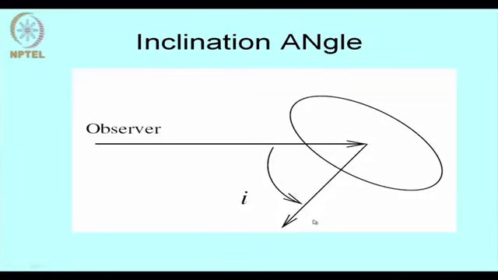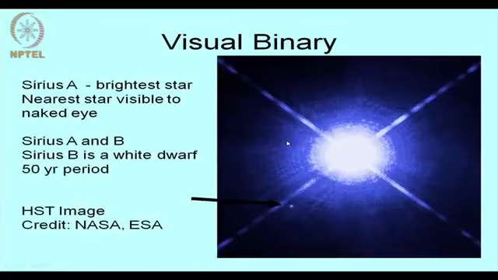So, let me repeat, an inclination angle of 0, the orbit is being viewed face on. Inclination angle of 90, the orbit is being viewed edge on, and other angles lie in between these two extreme cases. So, the first type is the visual binary, and this picture shows you a particular case of a visual binary.